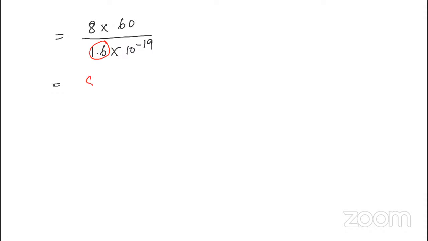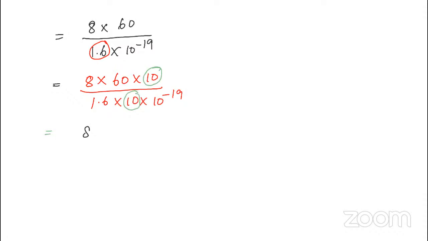So it is 8 into 60 into 10 over 1.6 into 10 into 10 power of minus 19. We have multiplied by one 10 and divided by one 10. Okay. Now 8 into 600 divided by 1.6 into 10 becomes a whole number.